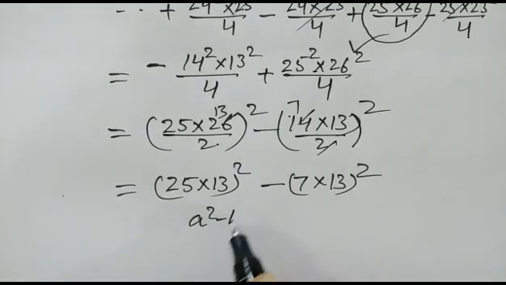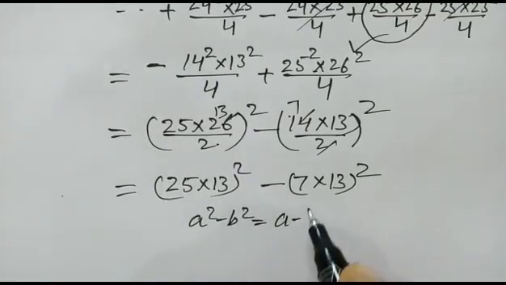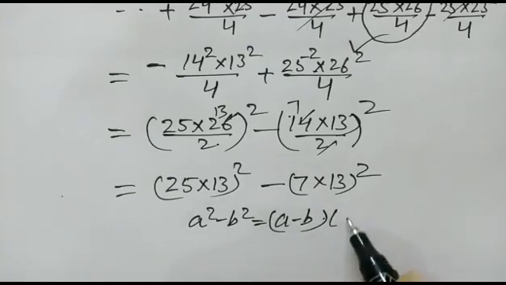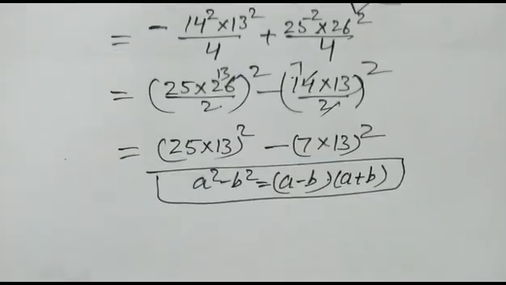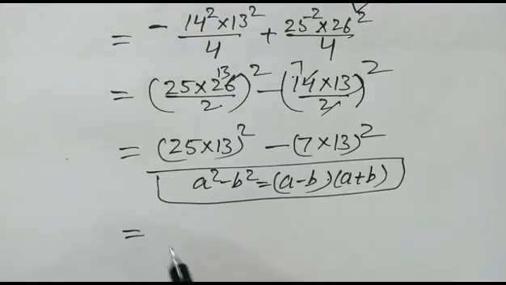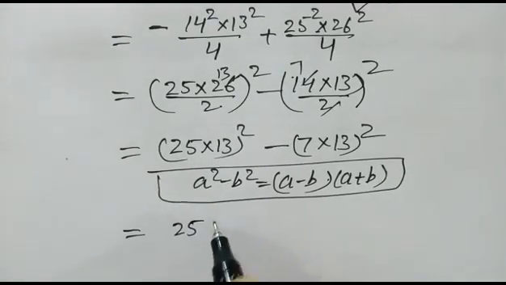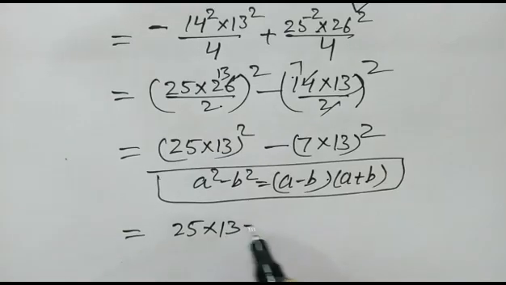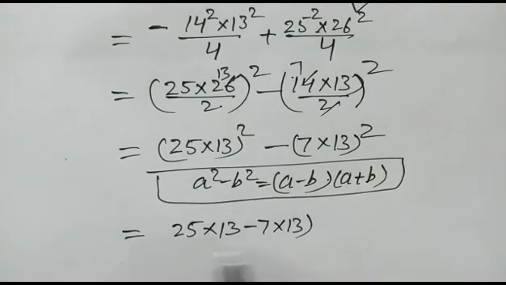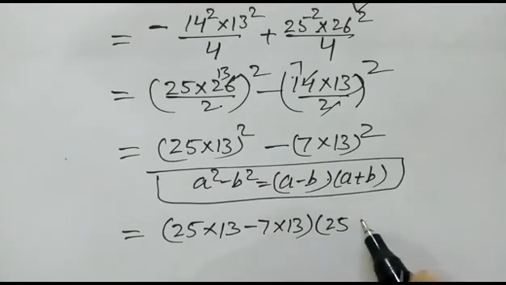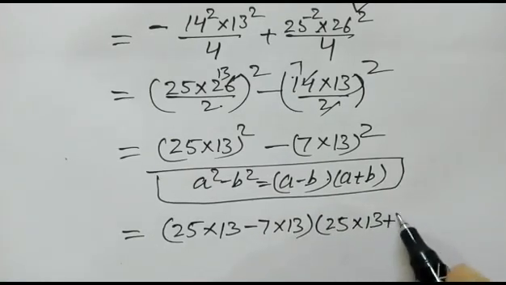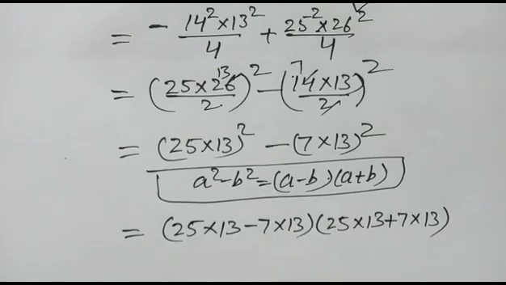Now we will use the formula a square minus b square equals (a minus b)(a plus b). In the next step, 25 into 13 minus 7 into 13, and 25 into 13 plus 7 into 13.